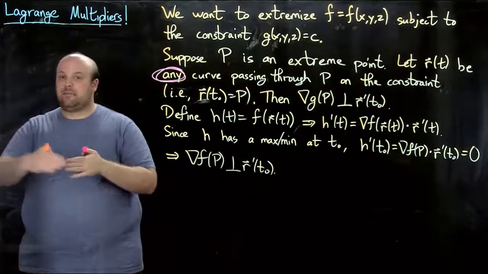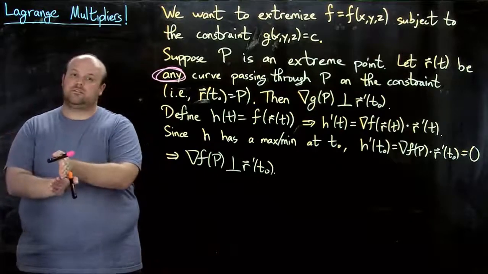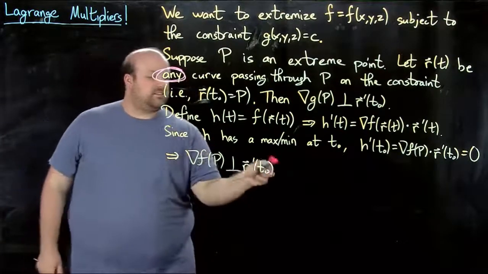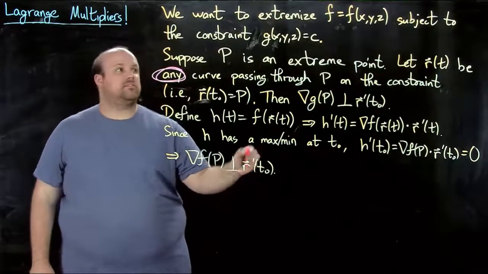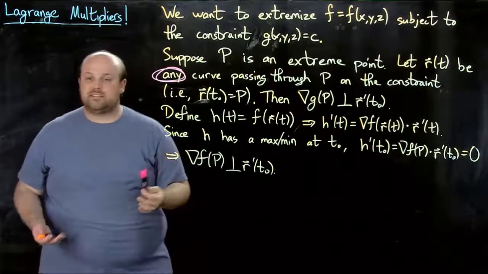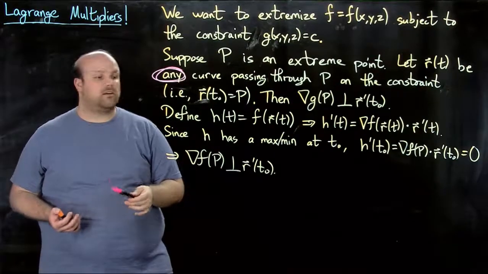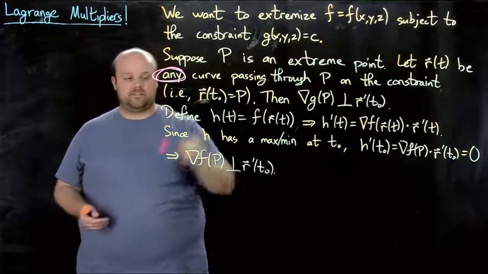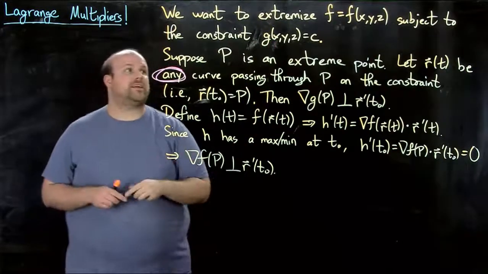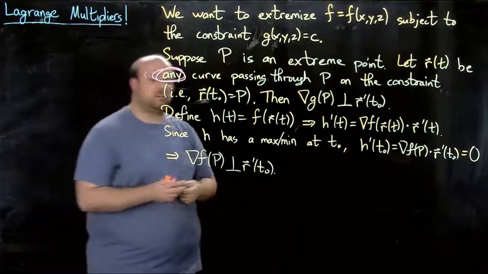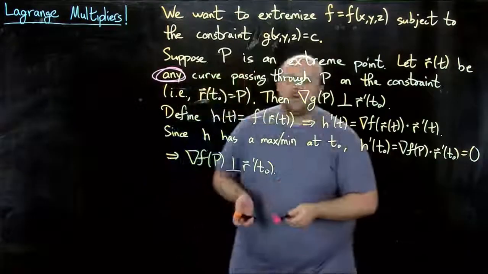It can pass through that point in any direction, which means r prime can be any tangent vector to this surface. This is the same way we showed before that the gradient of g is perpendicular, by showing it's perpendicular to every tangent vector. So we've done that again.